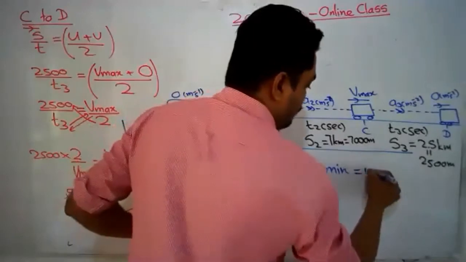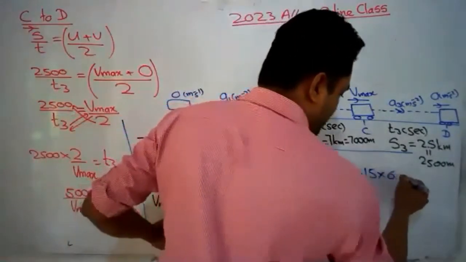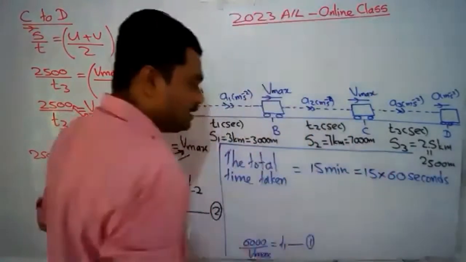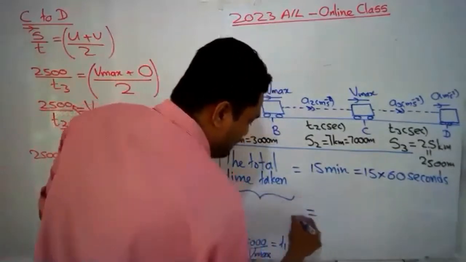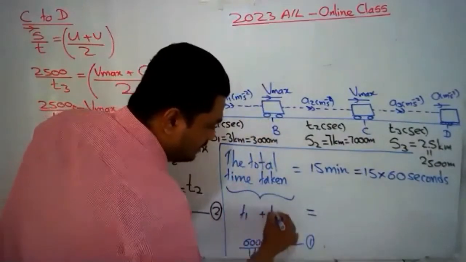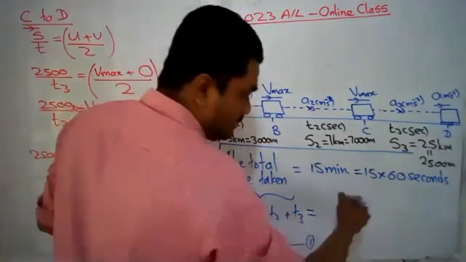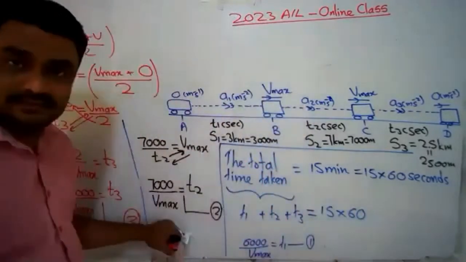Therefore, this should be multiplied by 1 minute means 60 seconds. So this should be multiplied by 60. Then minutes are converted into seconds. But total time taken means T1 plus T2 plus T3 equals 15 into 60.